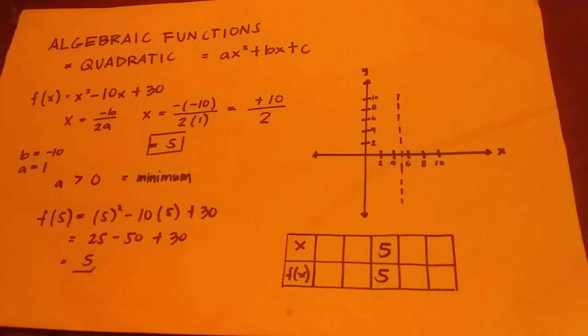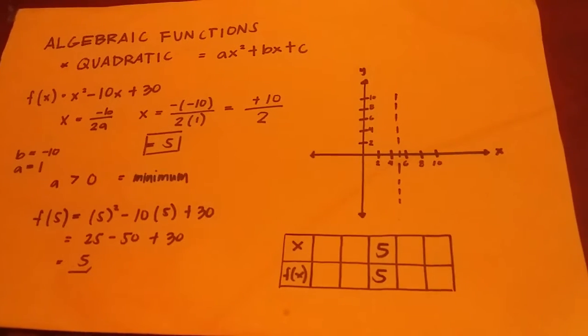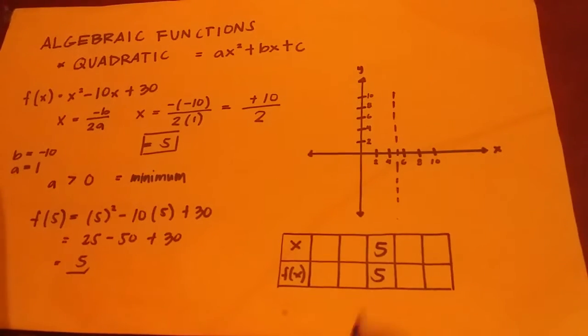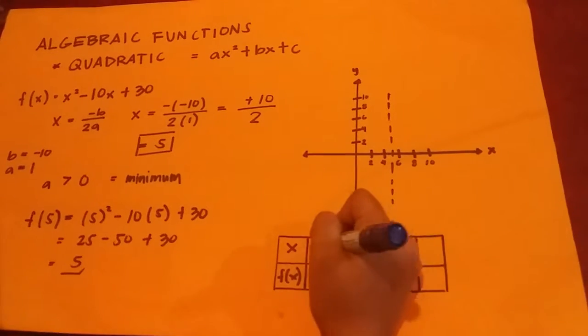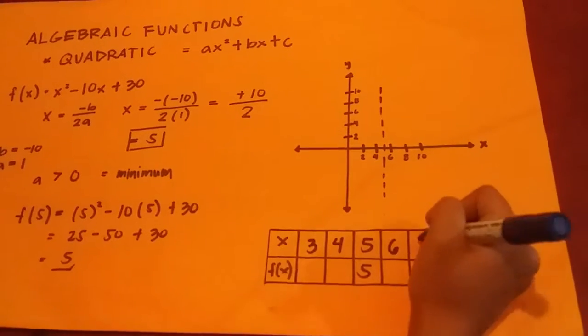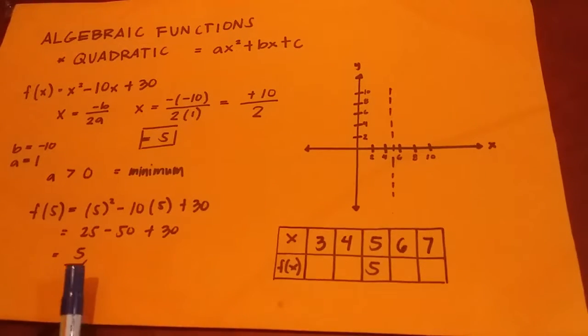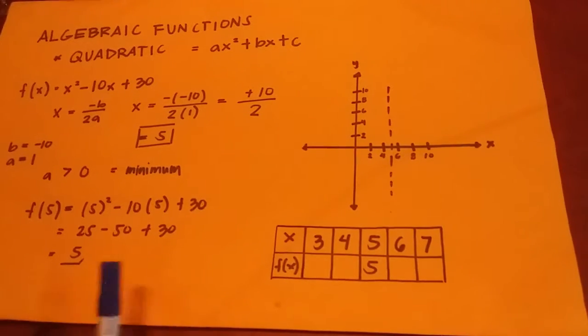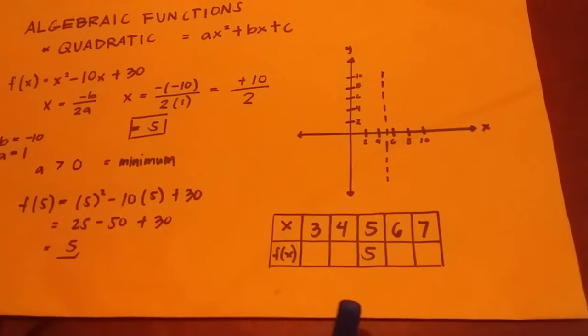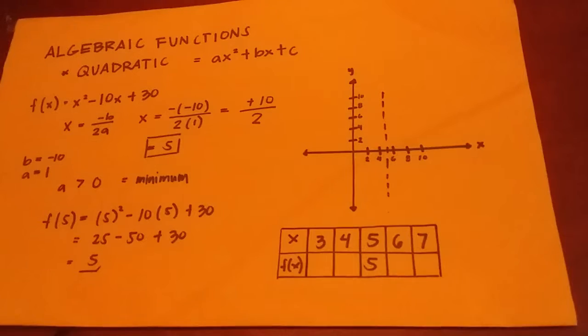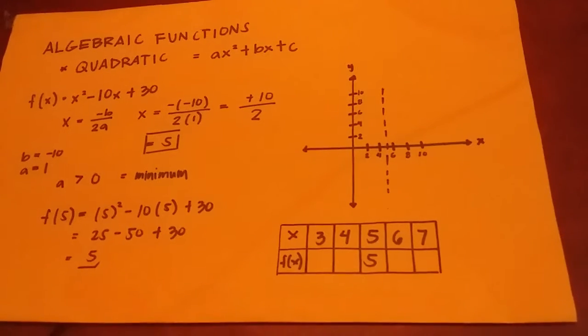Now, I need the closest numbers to my axis of symmetry to get the other values of f of x. Just like how I determined my f of x, to get the other f of x values, refer to how I solved earlier.